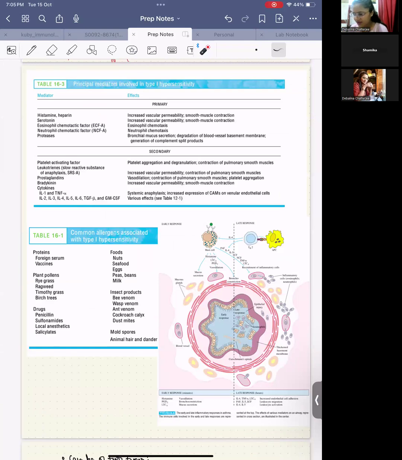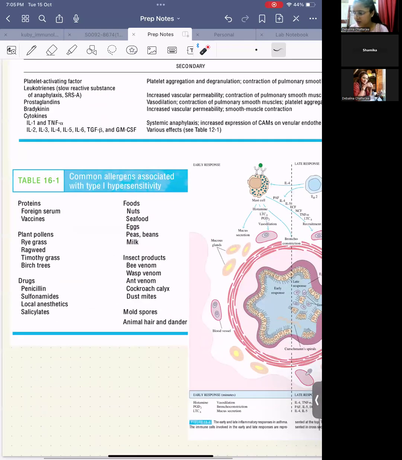Some of the common allergens have been discussed. So, some proteins that can be present inside foods, like foreign serum or some vaccines, can be an allergen to some individuals. There could be some pollens that are also a source of allergen to some individuals. Drugs. So, penicillin, if you see here, is very interesting, and we have read about it at different intervals, right?